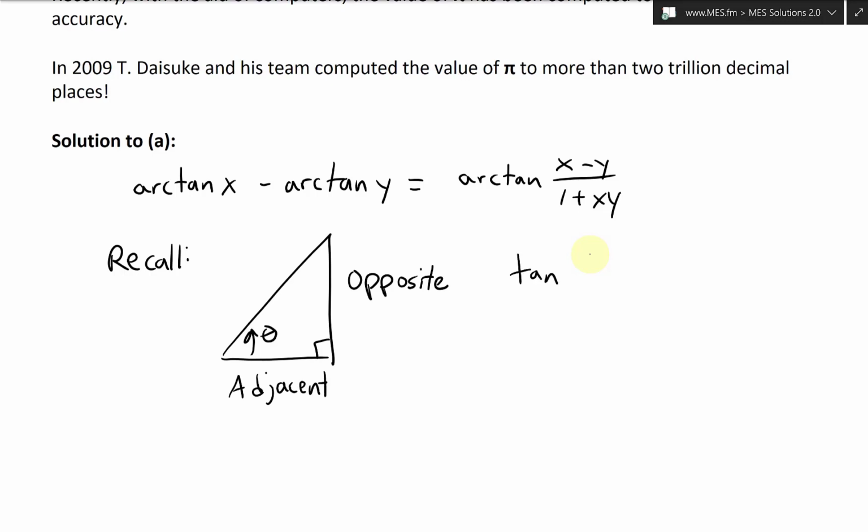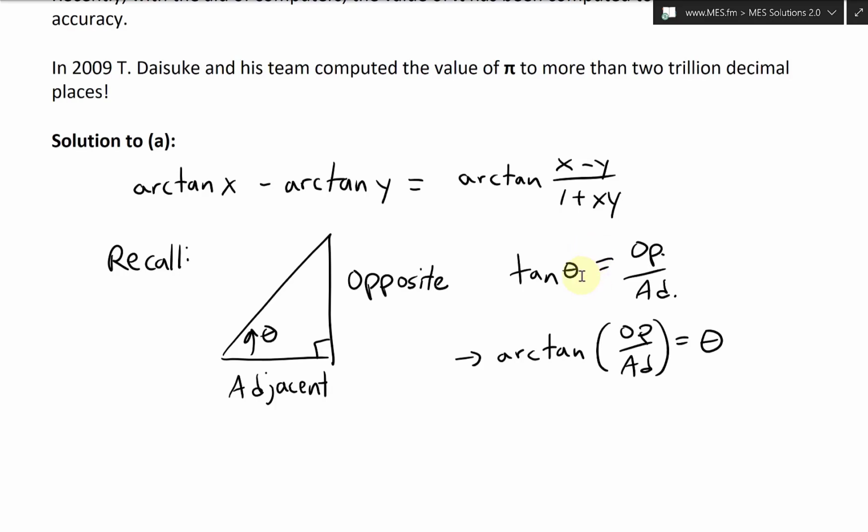So tan theta is equal to opposite over adjacent, just a general definition. This means that the arctan of the ratio opposite over adjacent is equal to theta. So basically, you're looking at the inverse of it, solving for theta.